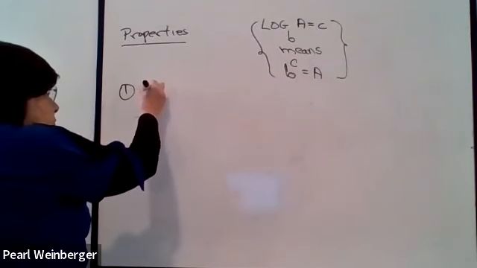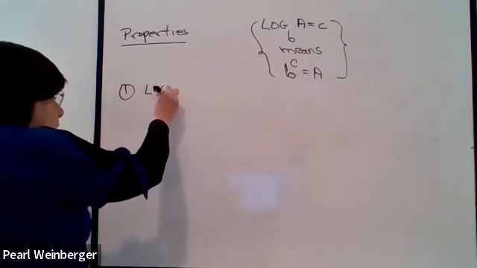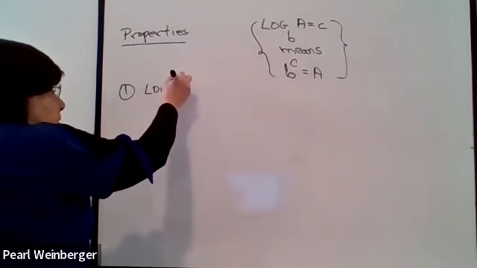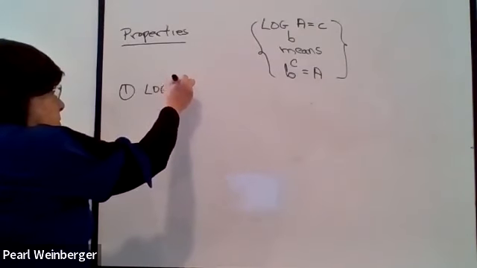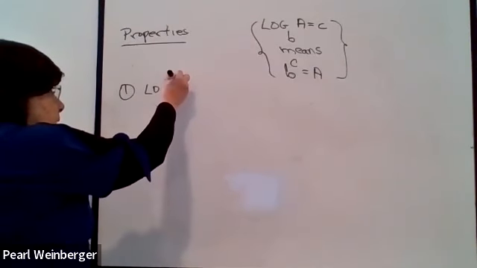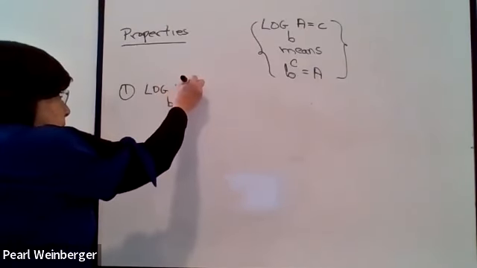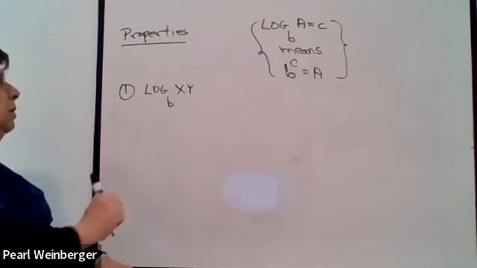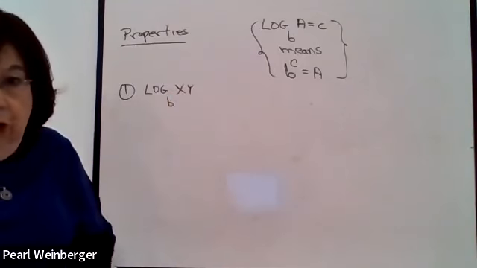If I have the log base b of 2 numbers, let's say the numbers are x and y, I'm multiplying 2 numbers together, x times y.